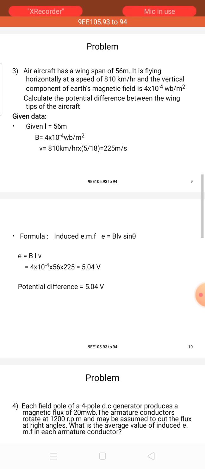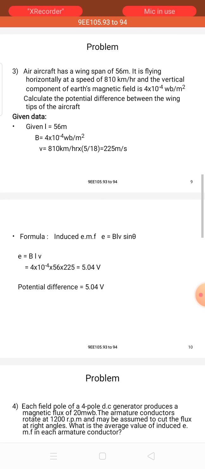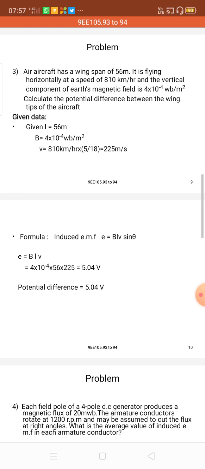You convert kilometers per hour to meters per second, that is 810 into 5 by 18, which is equal to 225 meters per second. Velocity is 225 meters per second. You calculate 810 into 5 by 18 to convert kilometers per hour to meters per second.